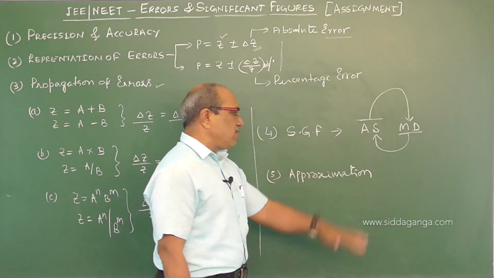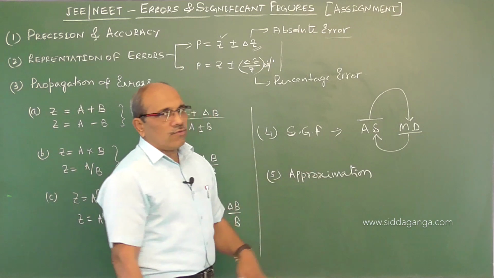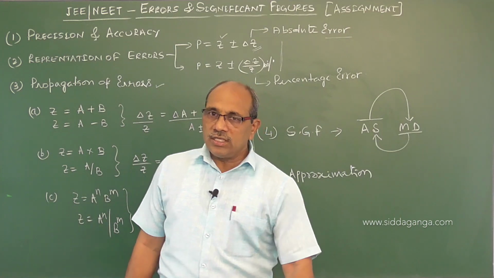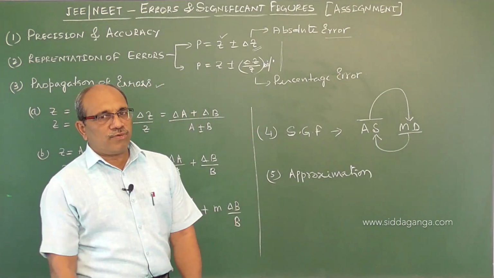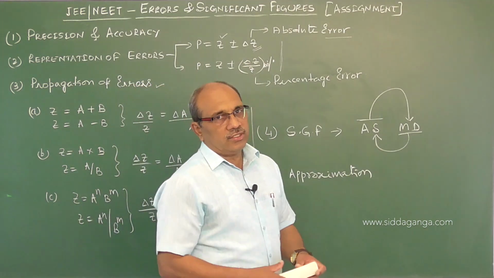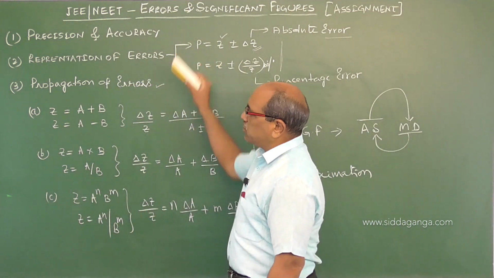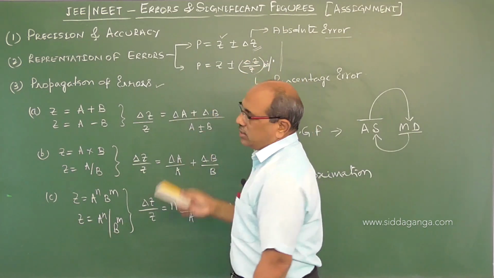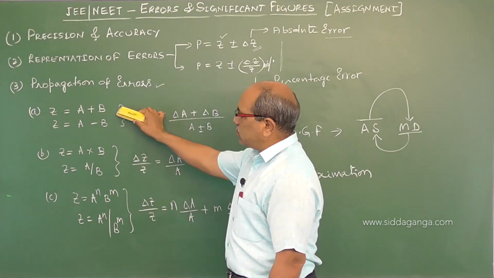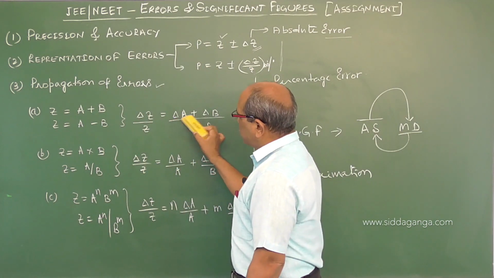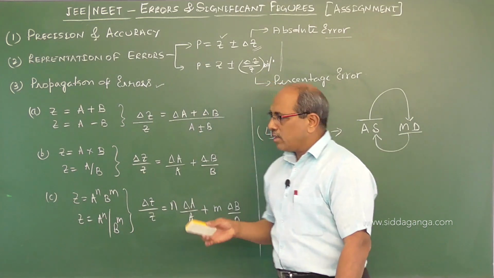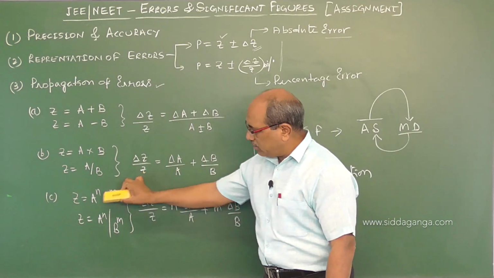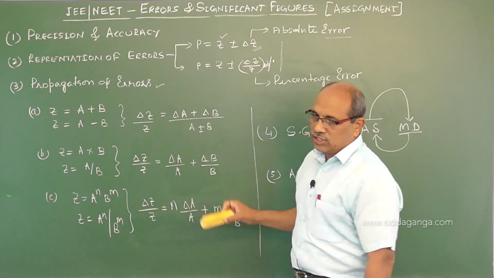So this is about significant figures, and approximation you know well. While giving the final result, sometimes we have to look into the approximation concept, even when finding the correct one out of 4 options given. So with this knowledge: one, the precision and accuracy concept; representation of error must be taken very carefully, whether they give absolute error or percentage error; and propagation of error in addition and subtraction, either absolute error or fractional error determination, or in the product or quotient rule, fractional error determination, or when the quantities are raised to a power, multiplying with that power and adding.